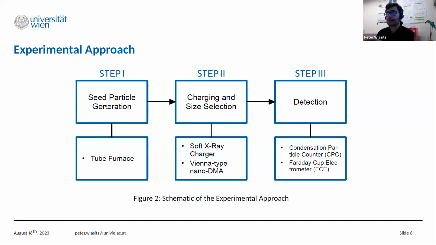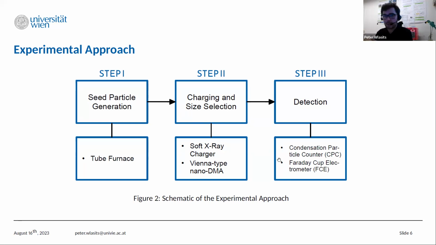We've been using a tube furnace for the seed particle generation, as you are going to see in a bit. Charging and size selection happened with a soft X-ray charger and a Vienna type nano DMA. I'm going to speak about DMAs in a second as well. And for the detection of these particles, we used the condensation particle counter and the Faraday cup electrometer.